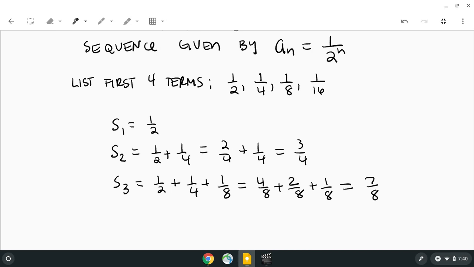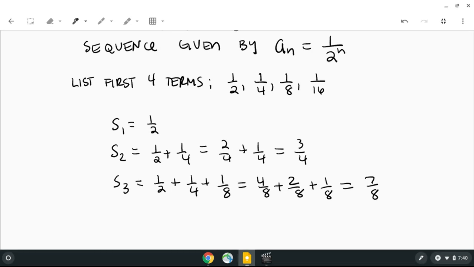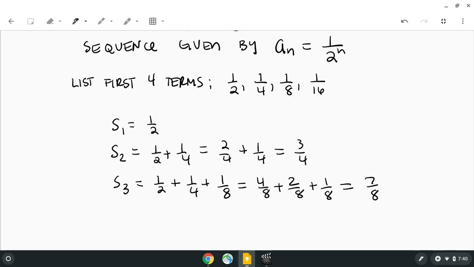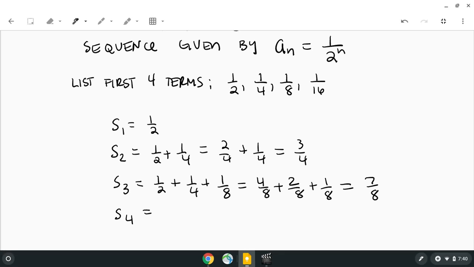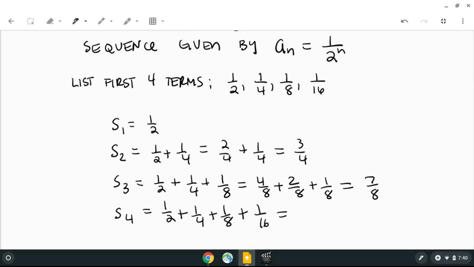And S4, that's the sum of the 4 terms, 1/2 plus 1/4 plus 1/8 plus 1/16. There are different ways to go about this.